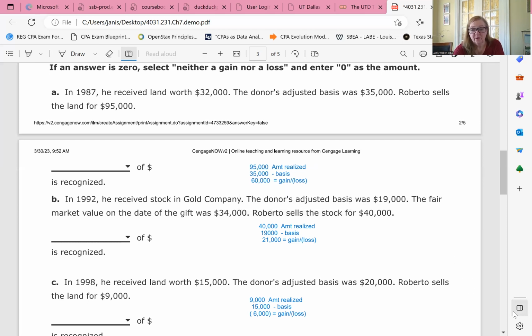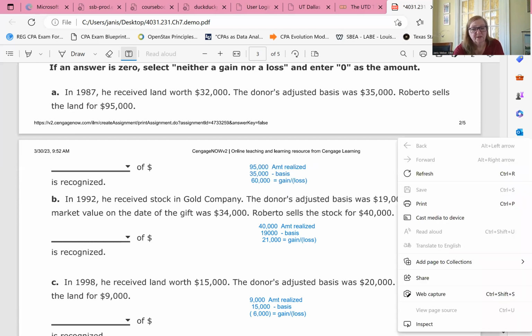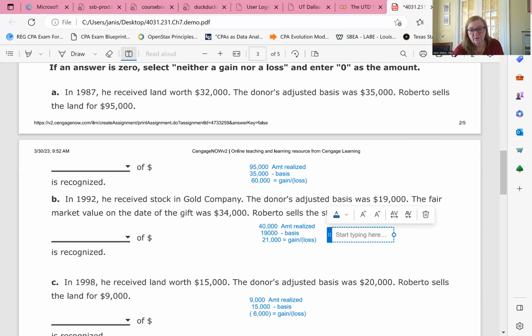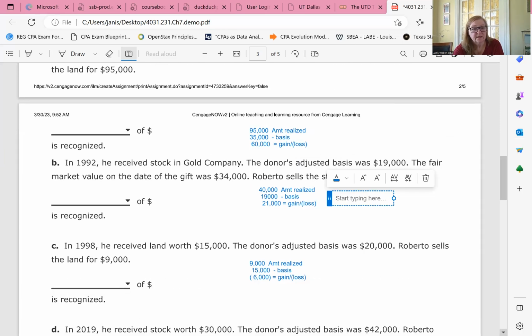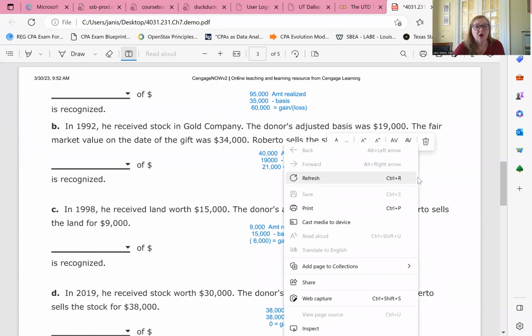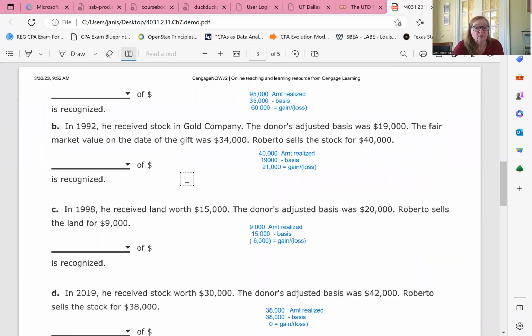The next scenario would be in 1992. In 1992, he received stock in Gold Company. The donor's adjusted basis was $19,000, and the fair market value on the date of the gift was $34,000. So in this case, the fair market value exceeds the basis, so we are going to be able to use the carryover basis.